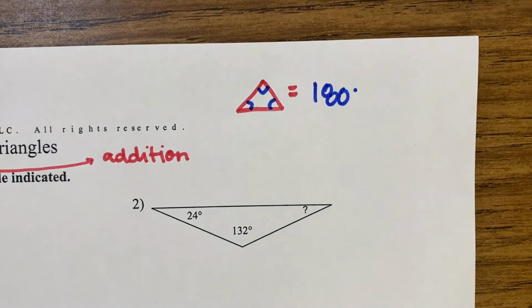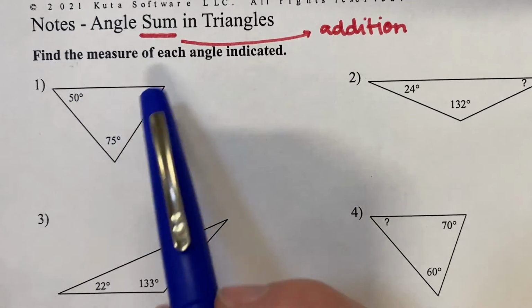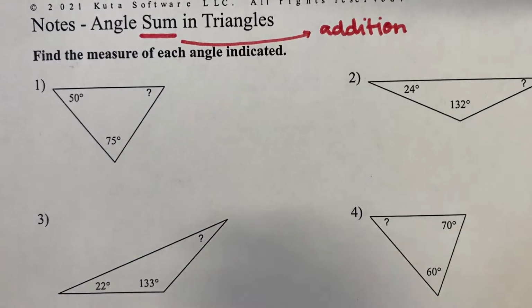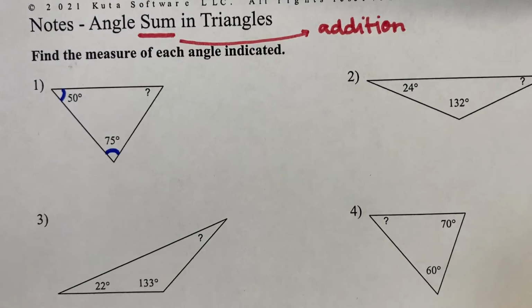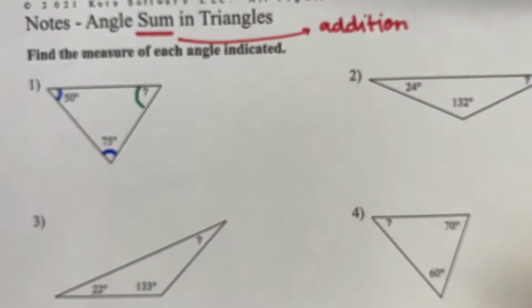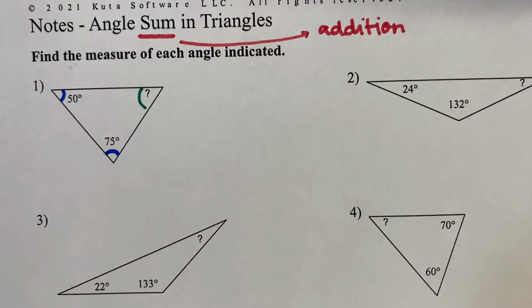Now that we know that, let's go ahead and look at number 1. If all three of these angles equal 180, and it gives me two angle measures that I know, 50 degrees and 75 degrees, that means we're trying to find this third angle. There's a couple ways we can solve this.